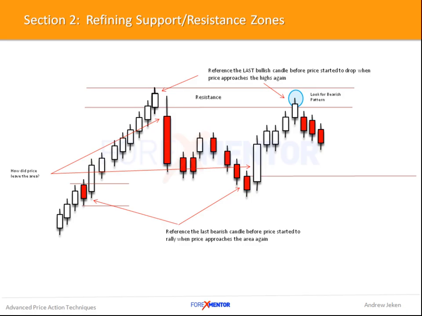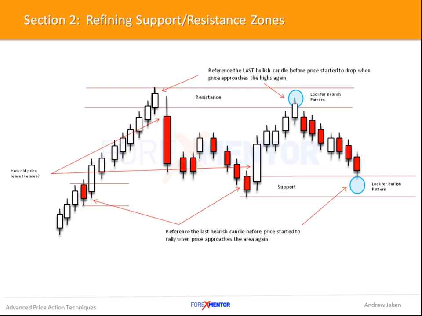Once again, you see how price broke away from the lows. We reference the last bearish candle before price broke away. And once again, we're looking for a bullish pattern when price gets back to that area.